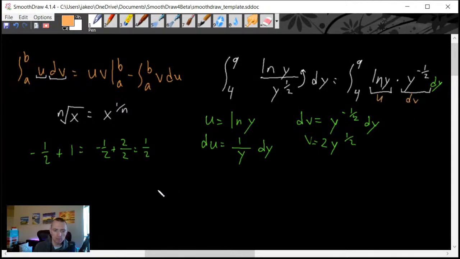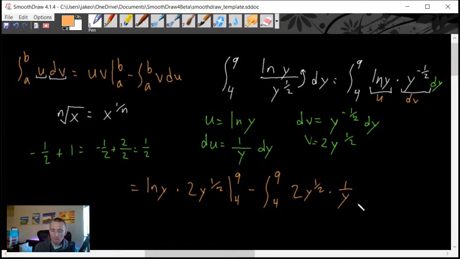We can rewrite this as u times v, so ln of y times 2y to the 1/2, evaluated from a to b, so from 4 to 9, minus the integral from 4 to 9 of v times du, which is 2y to the 1/2 times 1 over y. And then dy needs to be on there as well.